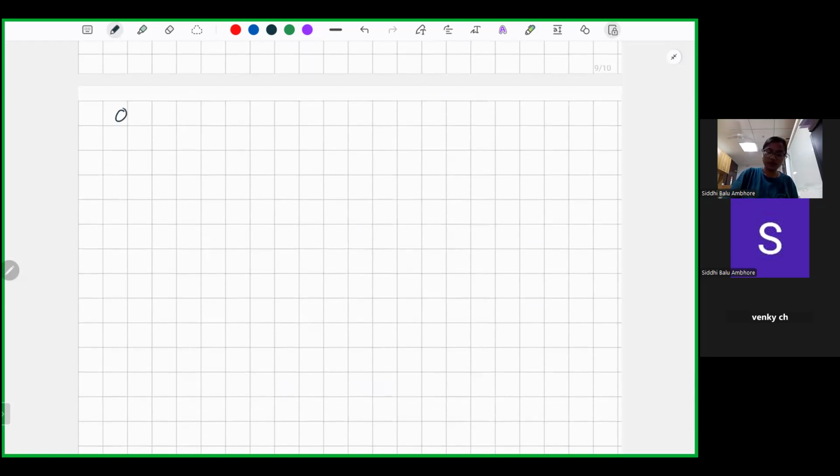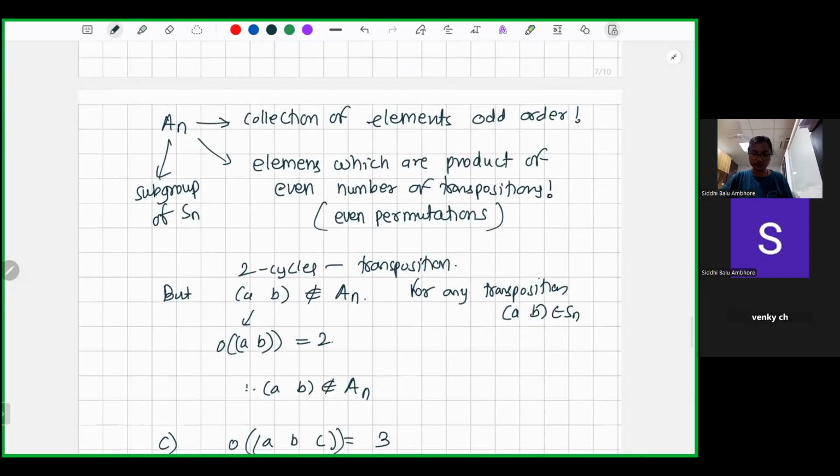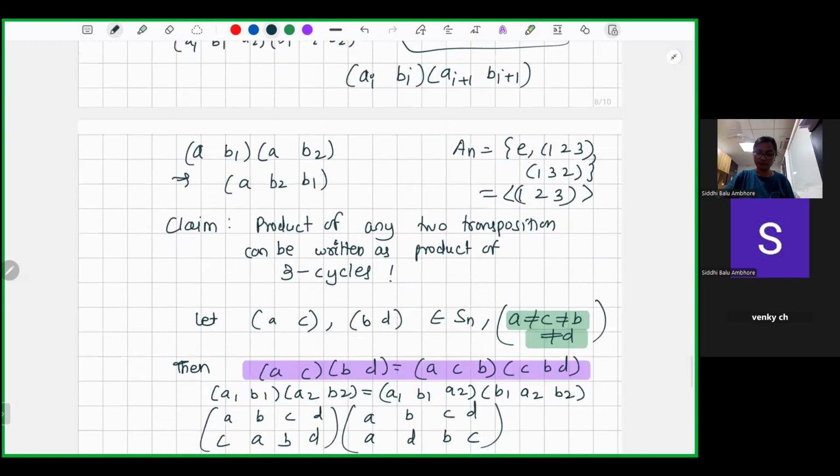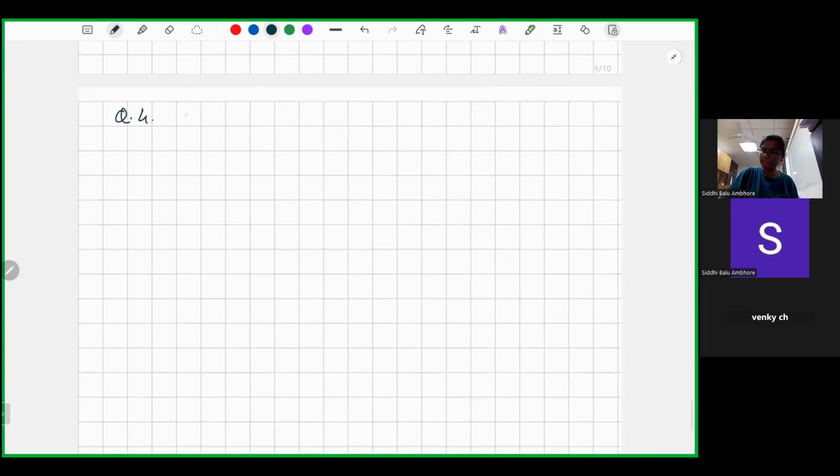So we have to calculate. So this is question 3. This is question 4.